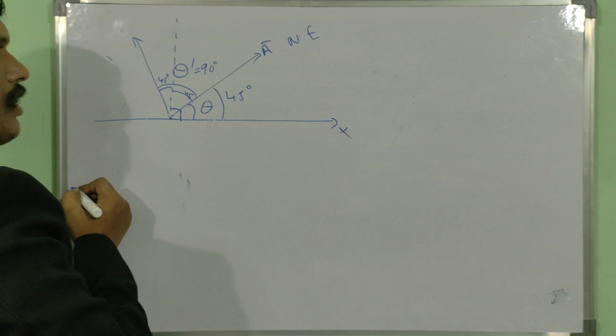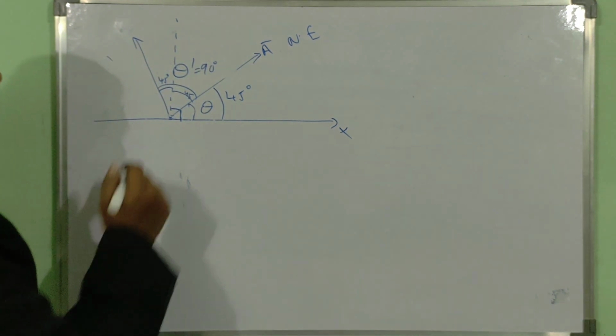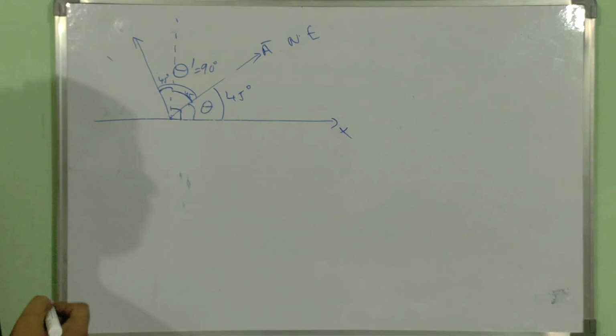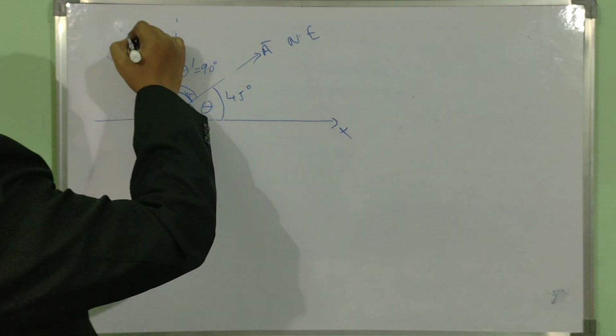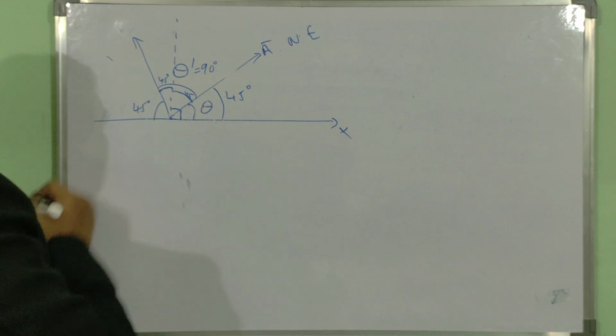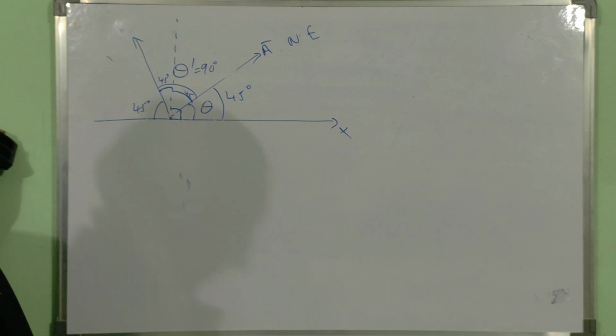What is the meaning of that? This vector A bar is rotated 90 degrees. That means this is 45, so the remaining angle should be 45 degrees. Since this is 45, obviously this is also 45.